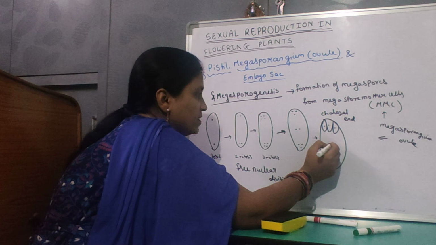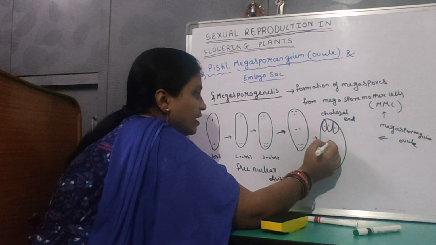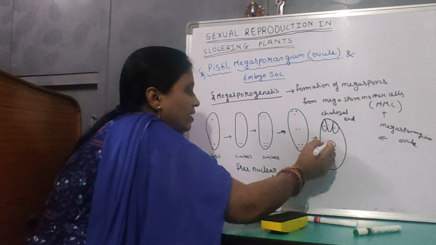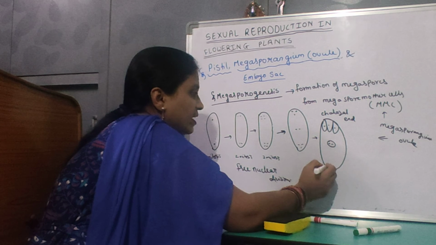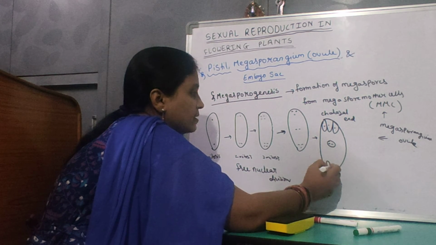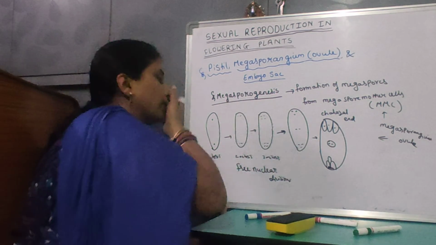Here two nuclei will be embedded in one cell. This is called a central cell. Then here, like this, is the egg cell.